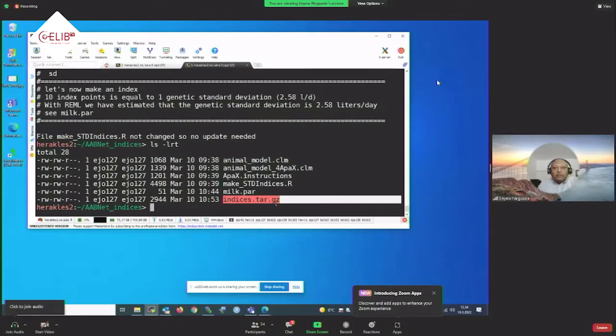Yes. So get this file to your Linux. And the next thing you have to do is to uncompress this file. From your Linux lectures, you know how to uncompress this one, tar -xvf, then you just write the name of the file.